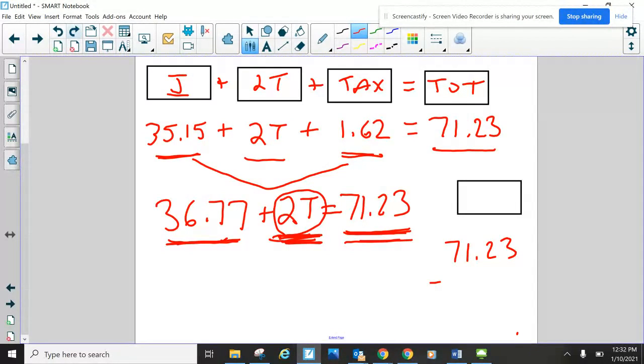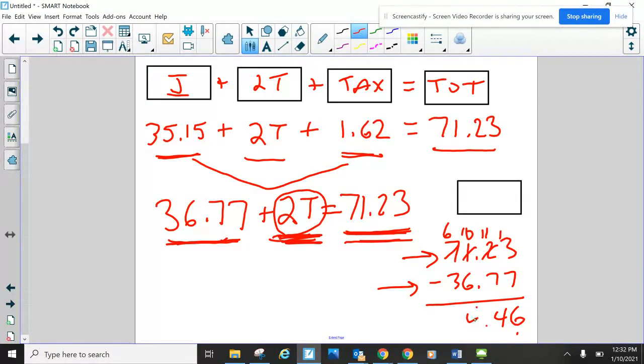So let me just make some room here. I've got to do some regrouping. That becomes a 6. Regrouping. That becomes a 4. Regrouping. That becomes a 6. 4. And it turns out that our two t-shirts cost $34.46.